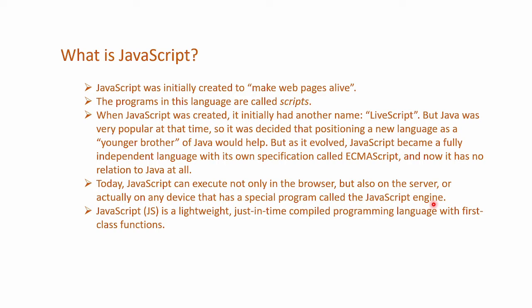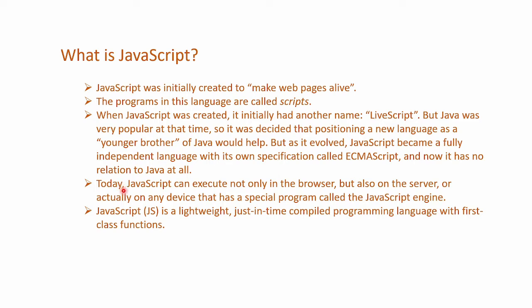In Node.js, we implement the JavaScript engine, or basically it is already implemented in Node.js. So the JavaScript engine gets implemented at server side, and so we are able to run JavaScript at server side as well, right? In other words, if we can integrate or implement a JavaScript engine on any platform, then we can run JavaScript on that platform as well. Right, there is nothing wrong in it.